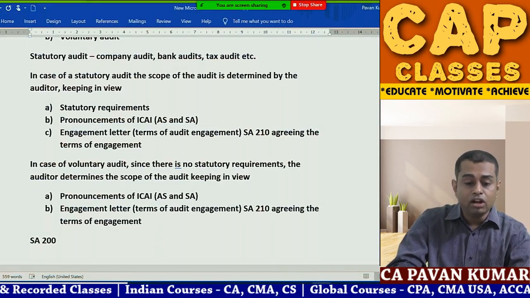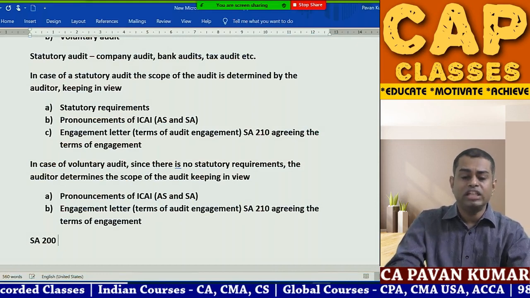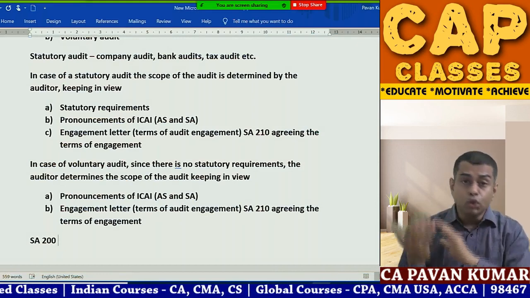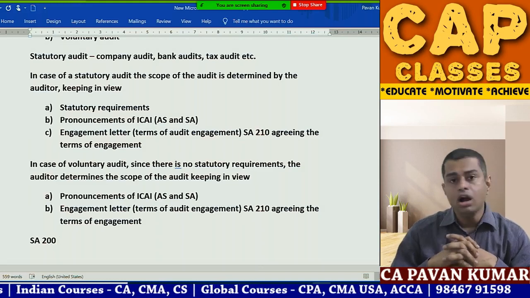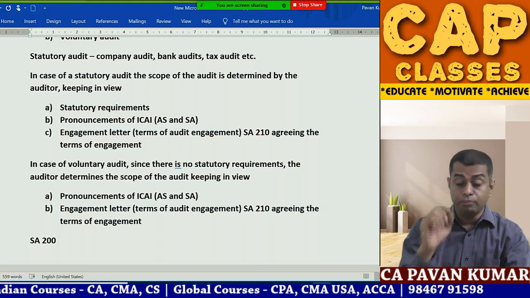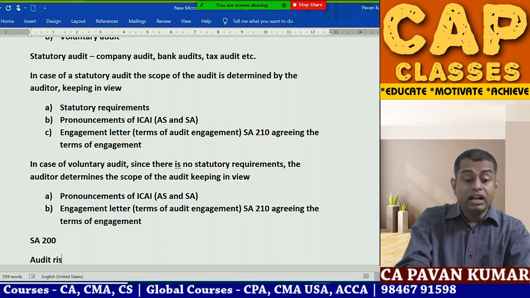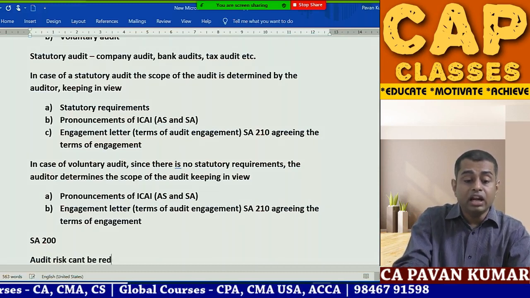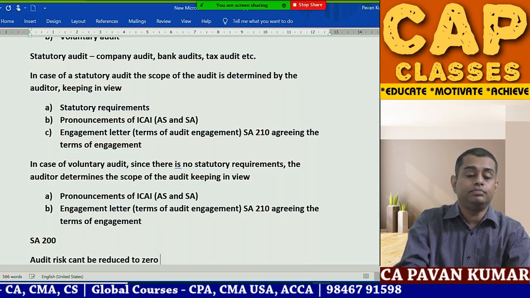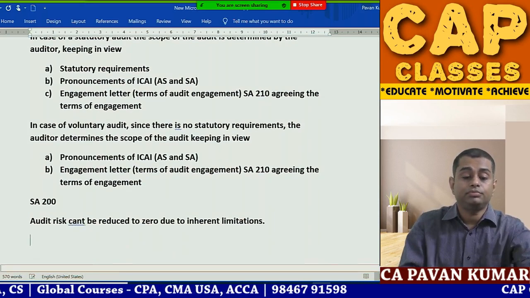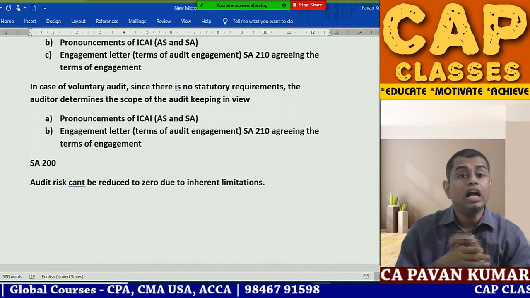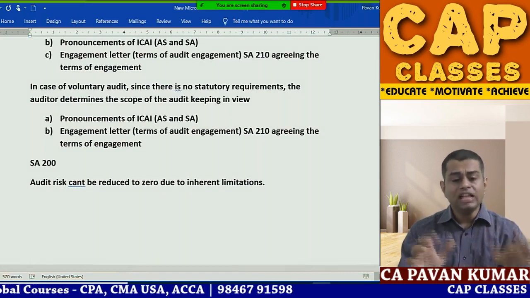This is part of SA 200. SA 200 discusses so many things including audit risk. Audit risk can't be reduced to zero because there are certain inherent limitations.